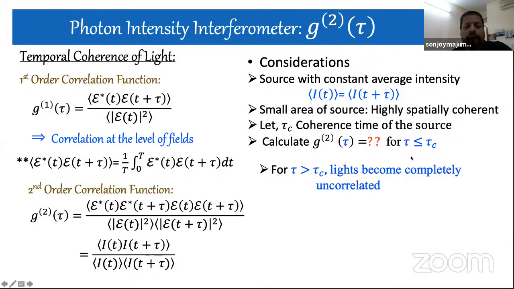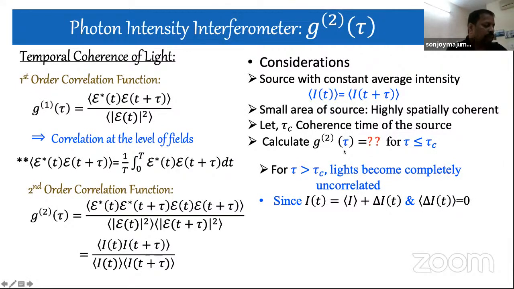But before that, let us see what would happen after the coherence time. We believe that after the coherence time, the system will be totally uncorrelated. So in that case, what will be the expression of G2?